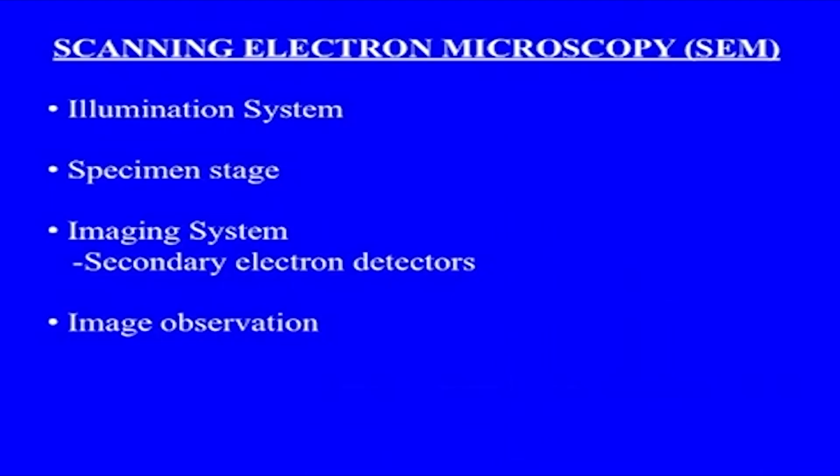So, this was about the transmission electron microscope. Now, let us move on to the next electron microscopy technique, that is scanning electron microscopy. In contrast to transmission electron microscopy, it is utilized for surface viewing or surface details.